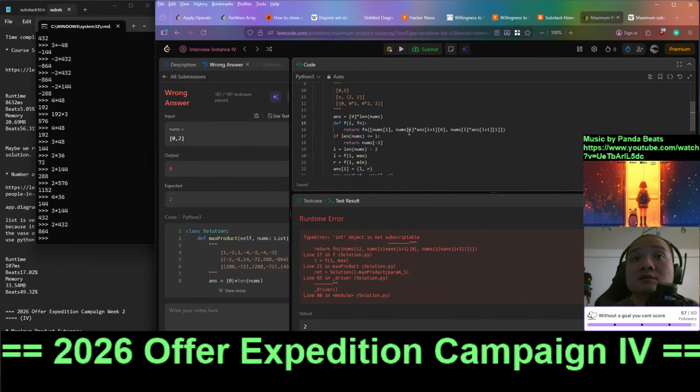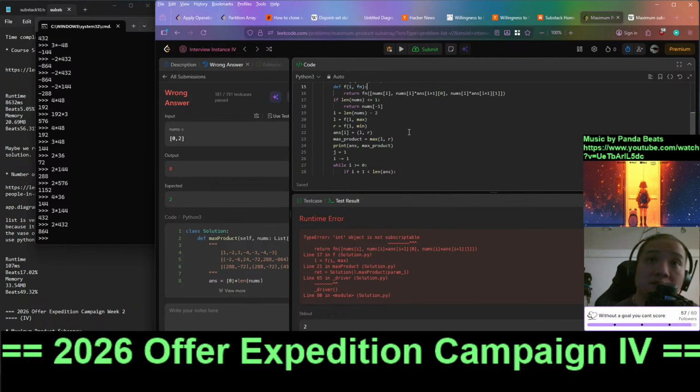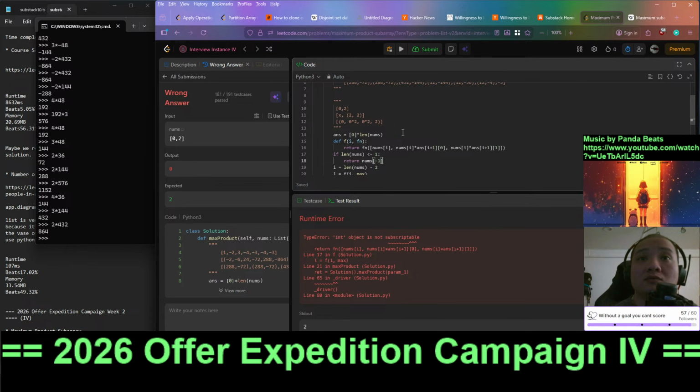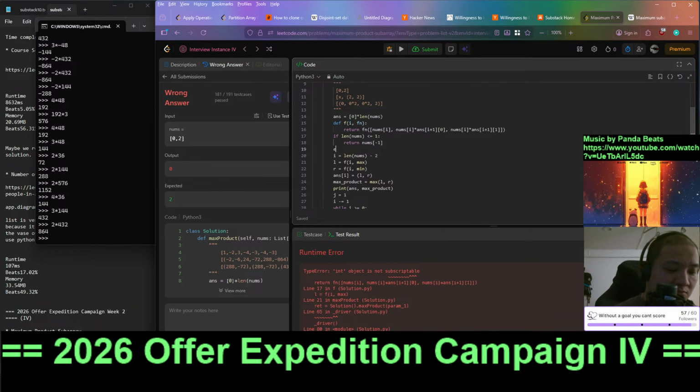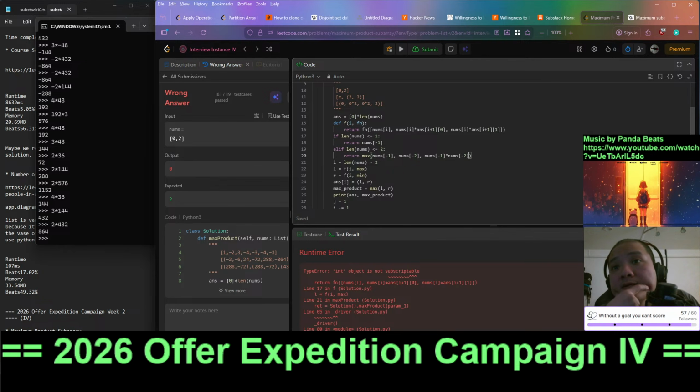So basically, we take into account, right, so we just return the max of nums -1, nums -2, or nums -1 multiplied by nums -2, right?